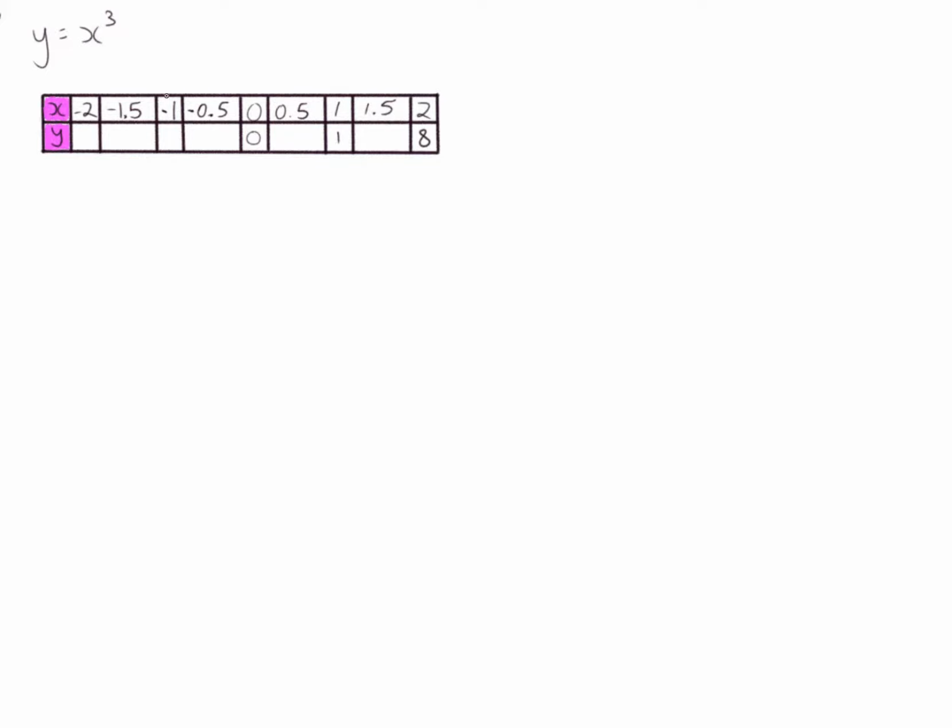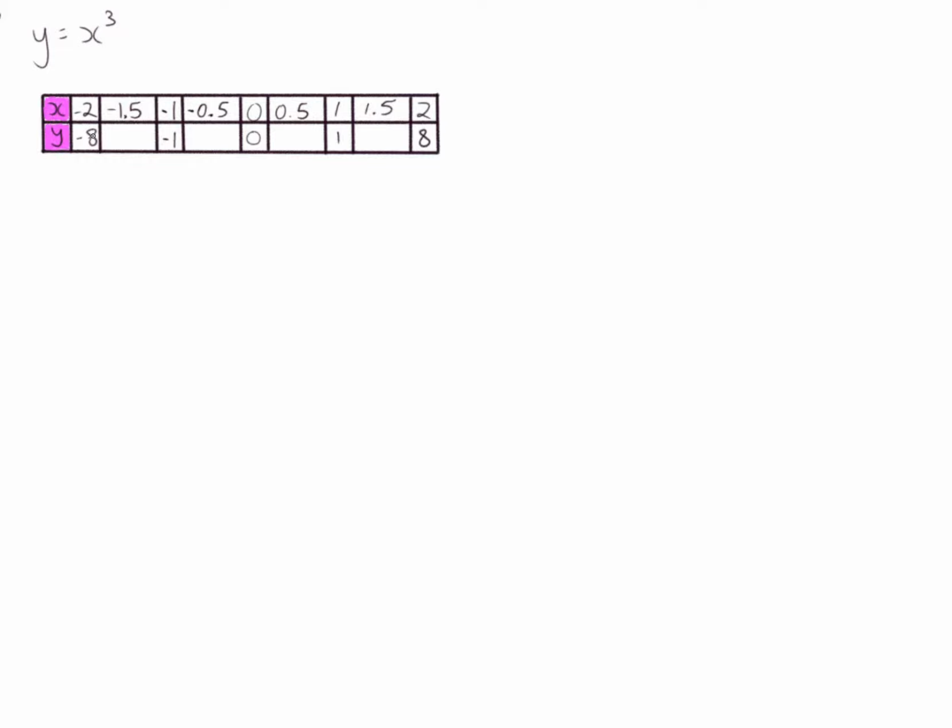Moving over to our negative x values, we get a similar thing, although when we cube a negative, that's a negative times a negative times a negative, our final answer is negative. So we get negative 1 and negative 8.